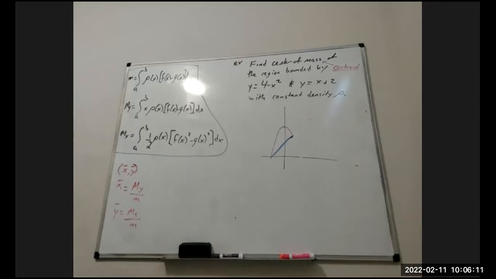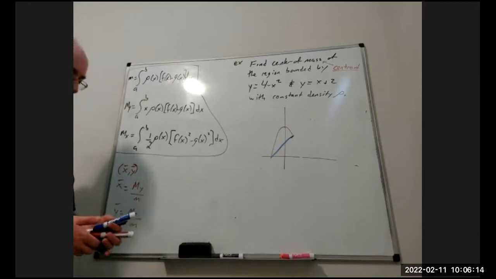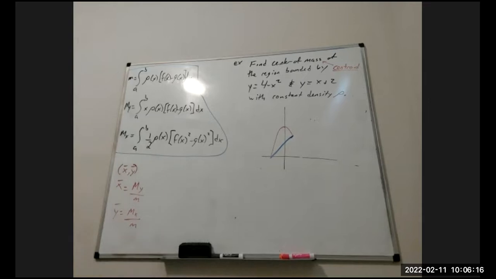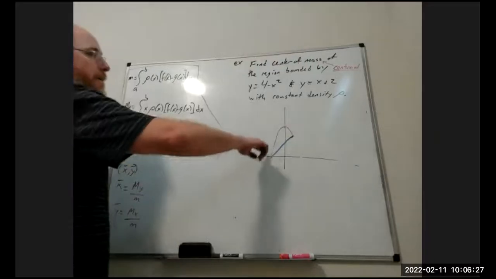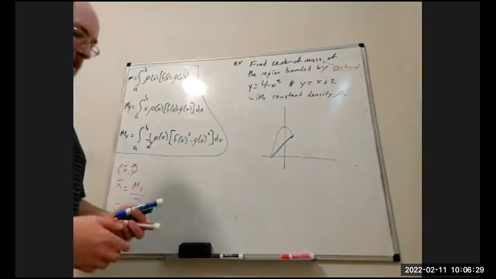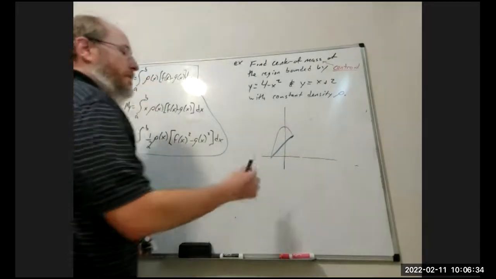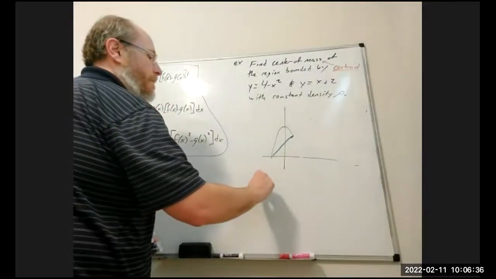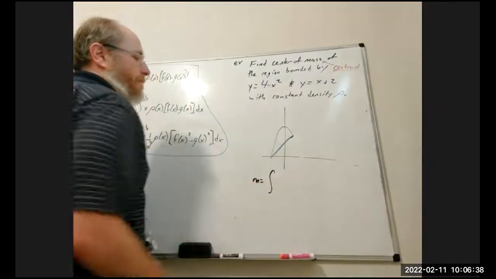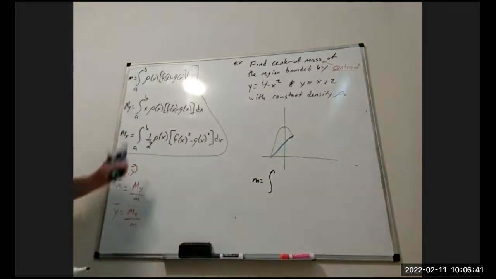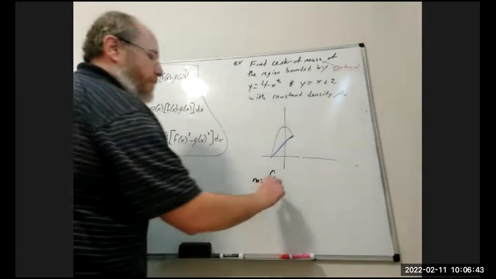All right, so what's F and what's G? F is the parabola and G is the line. Correct. So we've got our parabola as the top, the line as the bottom. So here's our mass then. Mass is going to equal the area from A to B. We'll worry about that in a second. But we're going to have a constant density rho.